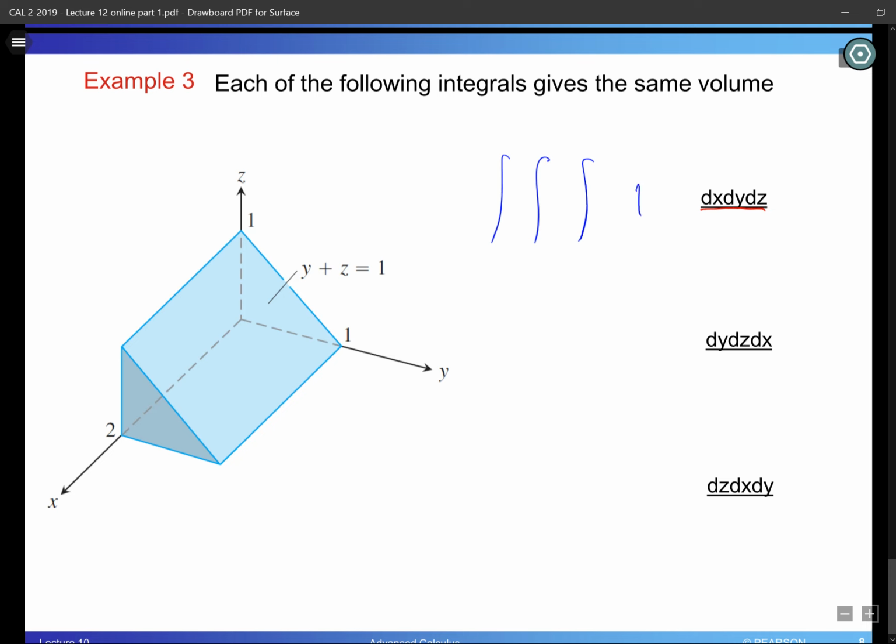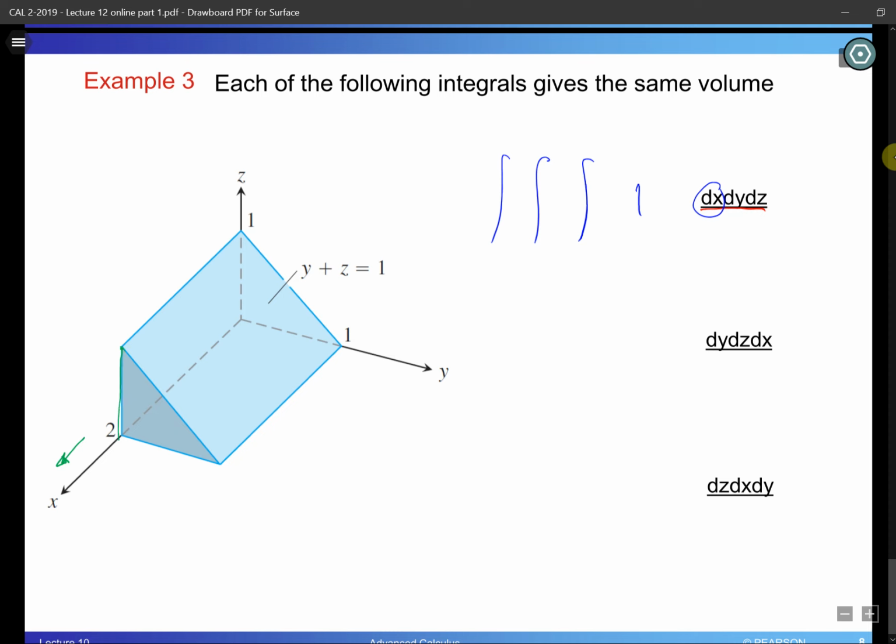Okay, so first variable, dx, we are going to sweep the x variable between two surfaces. So you have to take a look at the x direction and find the surfaces that cover the whole object. You can see that in the x direction you have two surfaces, one right here.